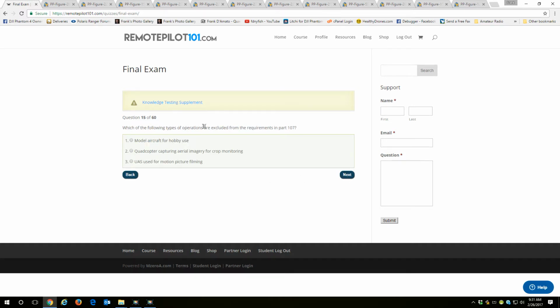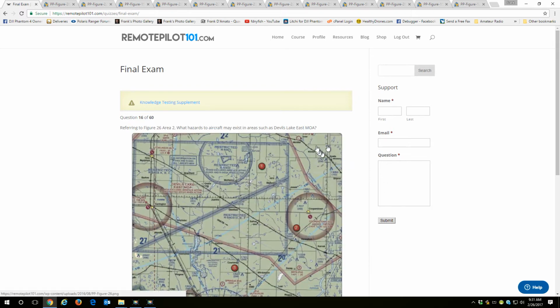Which following type of operation is excluded from the requirements in Part 107? Model aircraft. Referring to V26, Area 2, that's here. What hazards to aircraft may exist in areas such as Devil's Lake MOA? Well, this is restricted here.